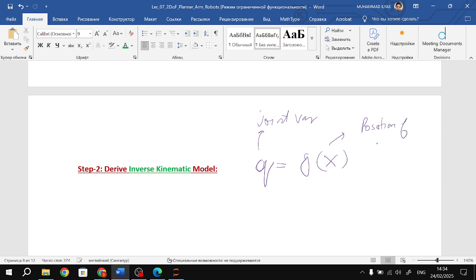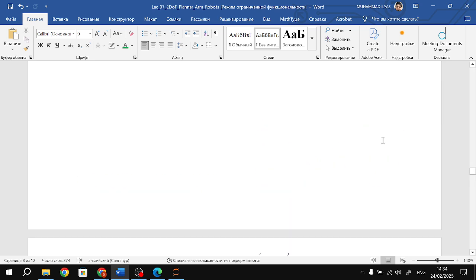You have the position of the end-effector and you have to find that function g, which will give you the position of your joints, or joint variables, right? It is inverse to the forward.